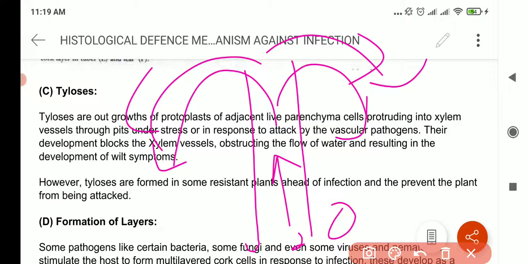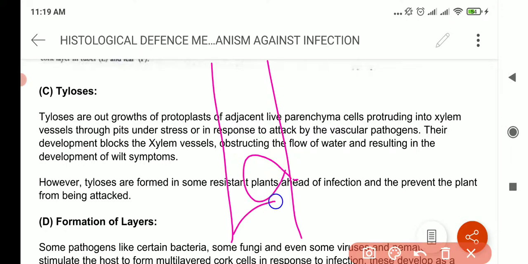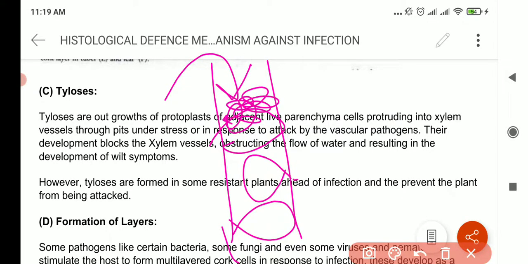For the plant, the artery and vein are the xylem and phloem. So these tyloses will grow inside the xylem vessel and block it. So even if the pathogen enters, it will be stuck here. It cannot pass through and cannot infect the rest of the plant.